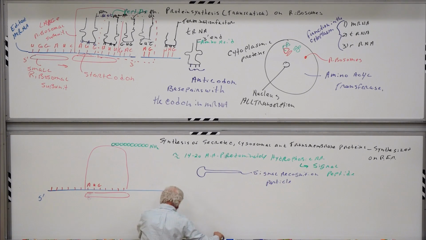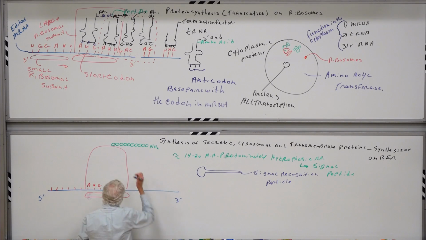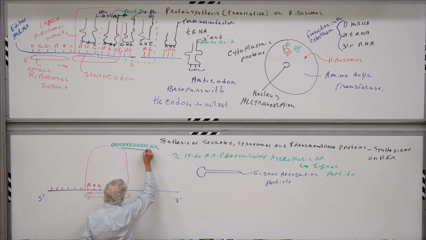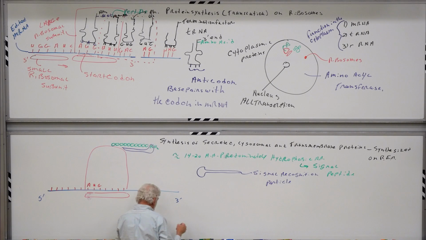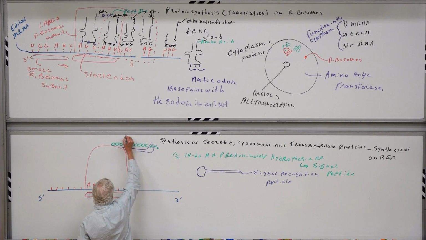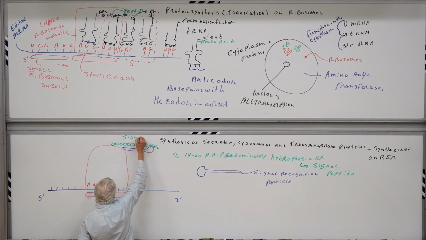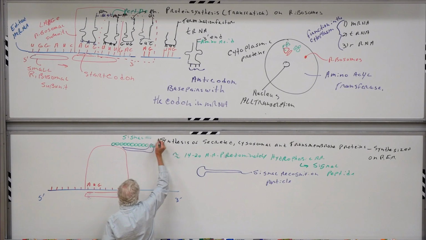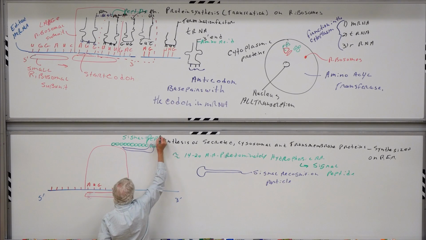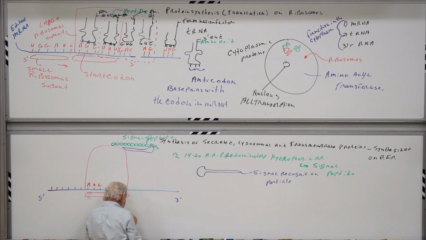So the purple guppy recognizes the signal peptide. So in green up here is the signal peptide. And in purple is the signal recognition particle.